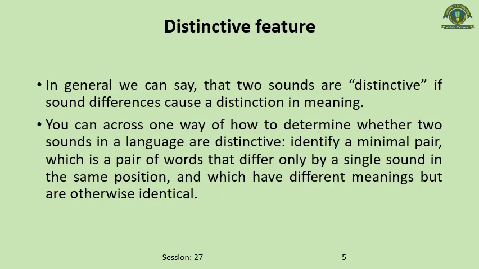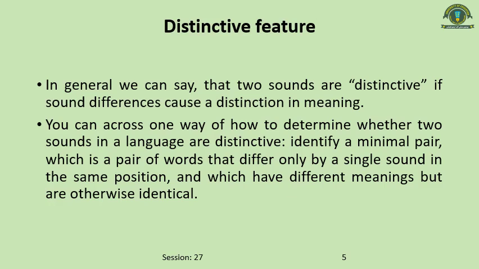Having said that, I think we should be more concerned with distinctive features. What is a distinctive feature? We can say in general that two sounds are distinctive. And you must remember two words, sip and zip. In general, two sounds are distinctive if sound differences cause a distinction in meaning.